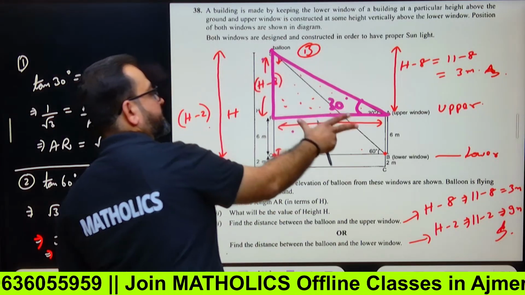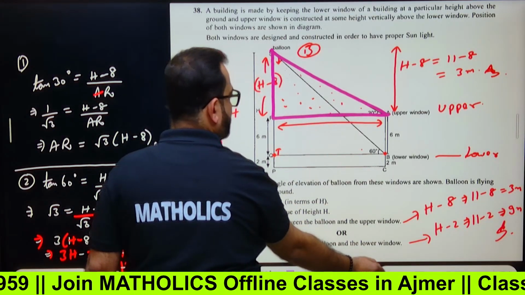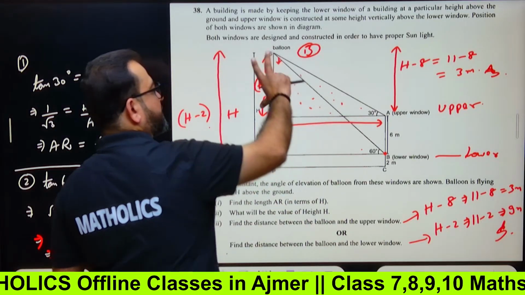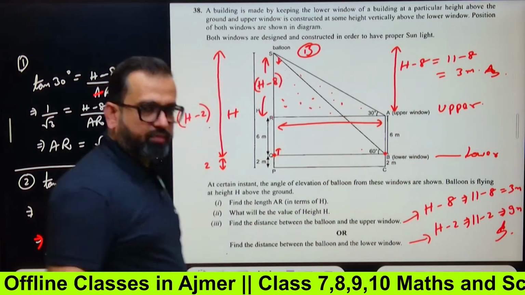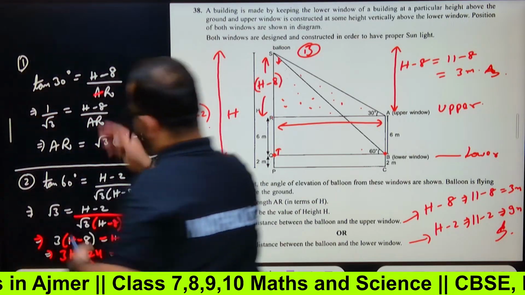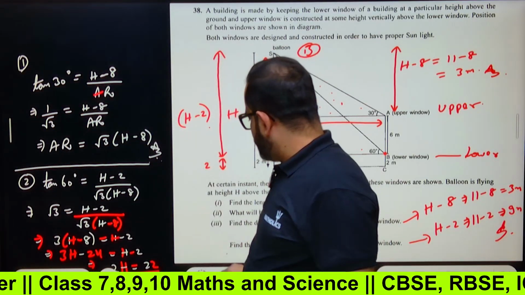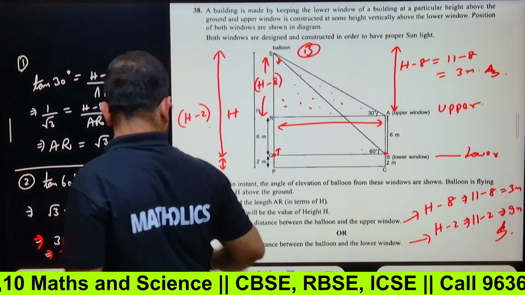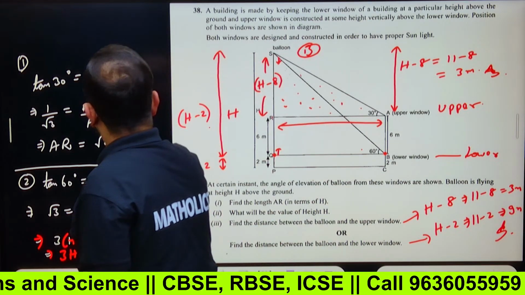Perpendicular is H minus 8, base is AR. You have to find AR only, right? So tan 30 is H minus 8 upon AR.